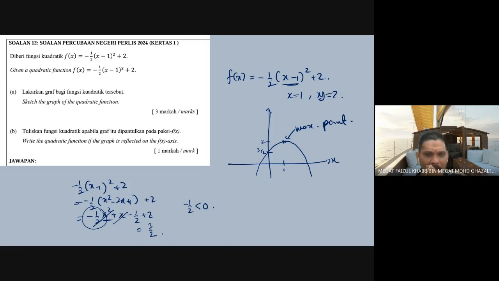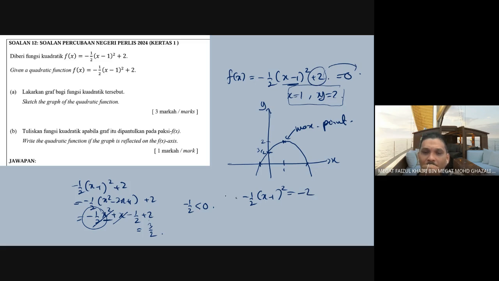Okay, what else do we need to know? We have the maximum point, 1 and 2, and when it intersects the y-axis, x equal to 0, we get 3 over 2. Intersect at x-axis, y equal to 0. So negative half (x minus 1) squared equal to, bring 2 to the other side, negative 2.